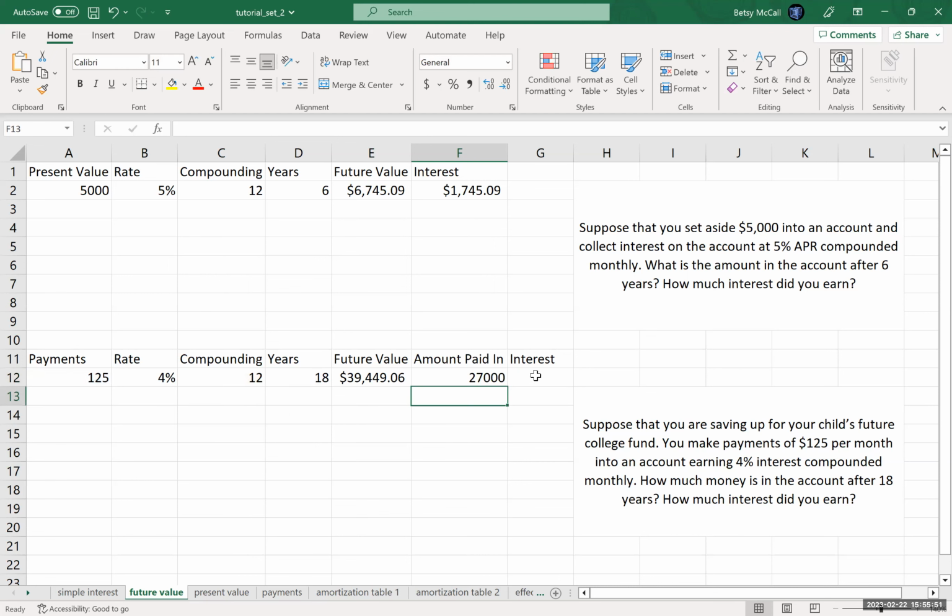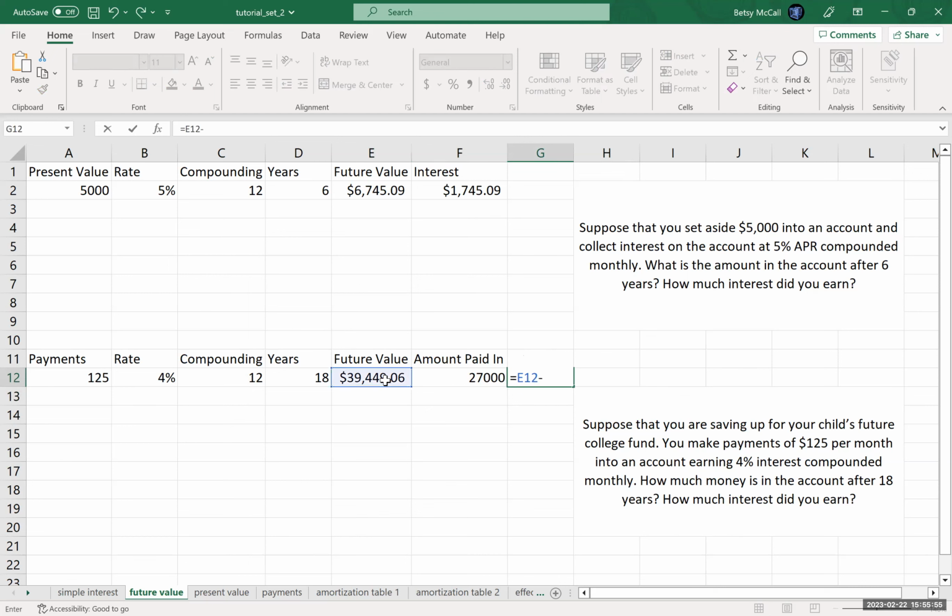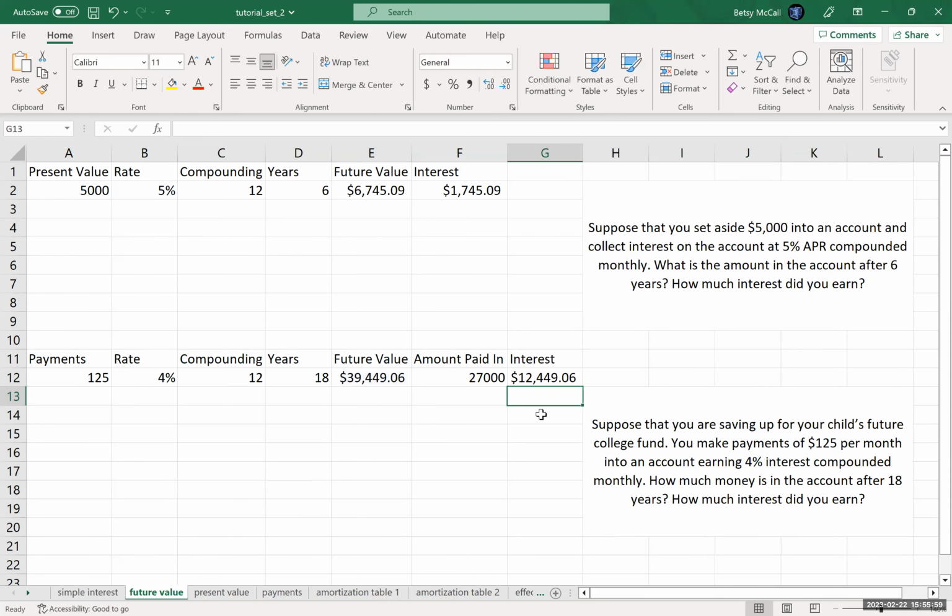And so then the interest earned is the difference between the amount we have in the account minus the amount that we've paid in. And so what we've paid in is $27,000 over these 18 years, but that's earned us $12,449.06 in interest.